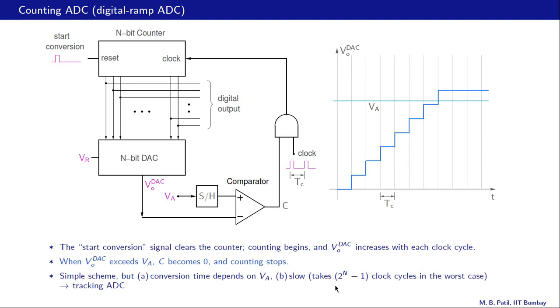So if n is 10, for example a 10 bit ADC, then this number is 1024 minus 1. That's a large number of clock cycles. And to improve upon the speed, we have this ADC called the tracking ADC, and that is what we will see now in the next slide.